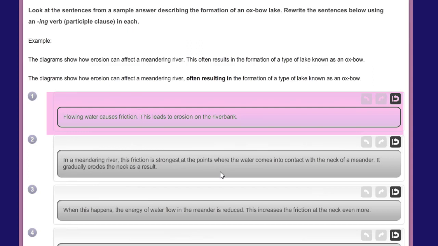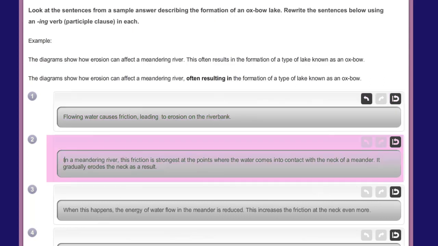So flowing water causes friction, leading to erosion on the riverbank. Don't forget to use a comma as well. The next sentence: In a meandering river, this friction is strongest at the points where the water comes into contact with the neck of a meander.